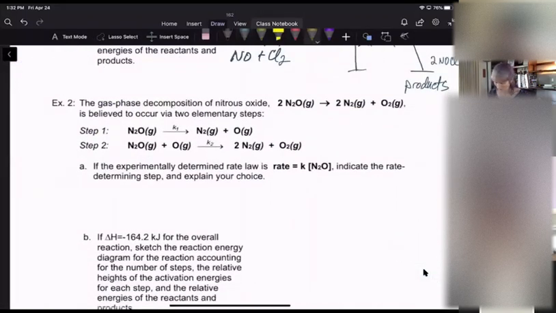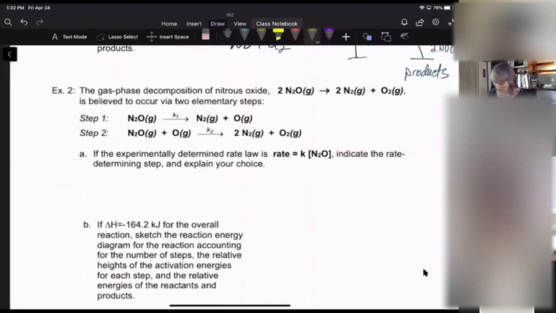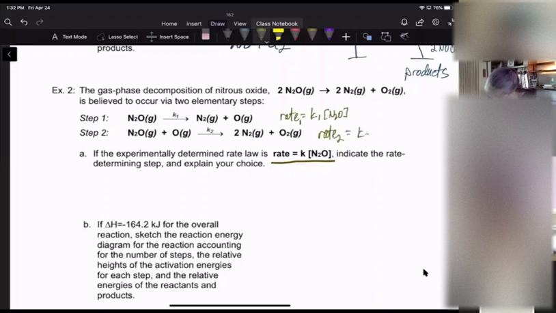Okay, so let's take a look at this one. Here's our rate law. What is the rate determining step? I usually write the rate law for each elementary step just to have it visible. So I'll label it step 1, rate 2.